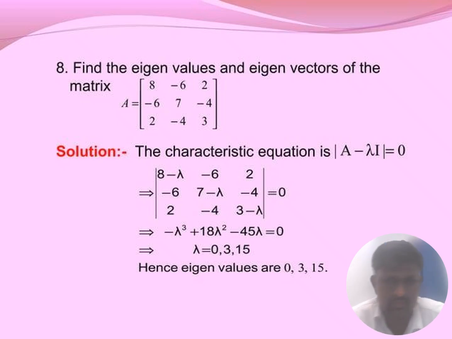From this we got a cubic polynomial in terms of lambda, that is minus lambda cube plus 18 lambda square minus 45 lambda is equal to 0. Solving this polynomial, we got the values lambda equal to 0, 3, 15. So these are the eigenvalues 0, 3, 15 for this problem.